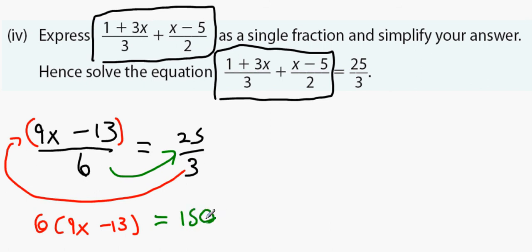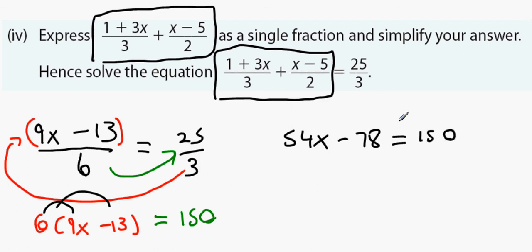Okay, the next thing we've got to do is multiply out the numbers. So we're going to get 54x, 6 times 13, this minus 78, this equals 150. Bring over the minus 78 to the other side, and 54x equals 150 plus 78.